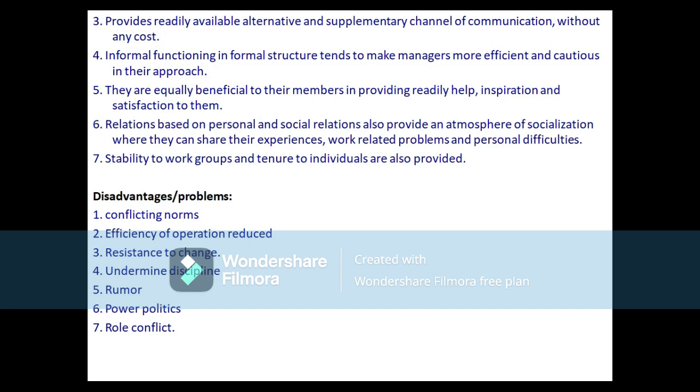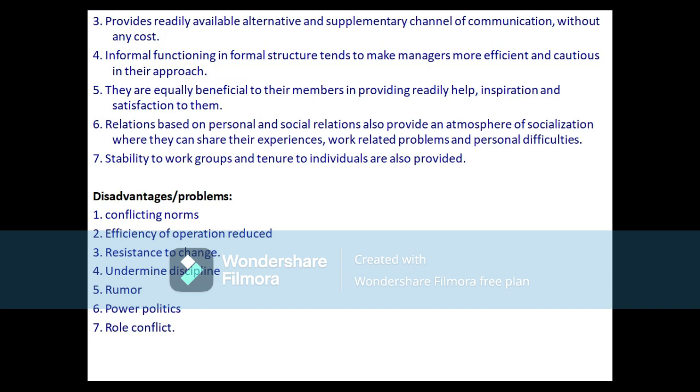Resistance to change means informal groups tend to perpetuate the status quo. Here, an informal group is bound by conventions and customs. They are very traditional towards the organization. Their thinking is traditional, very conservative, very conventional. So they follow more customs, and in order to maintain that equilibrium, they resist innovations and changes in the work methods.